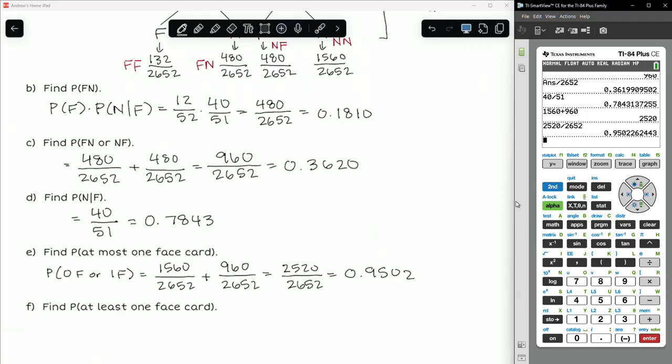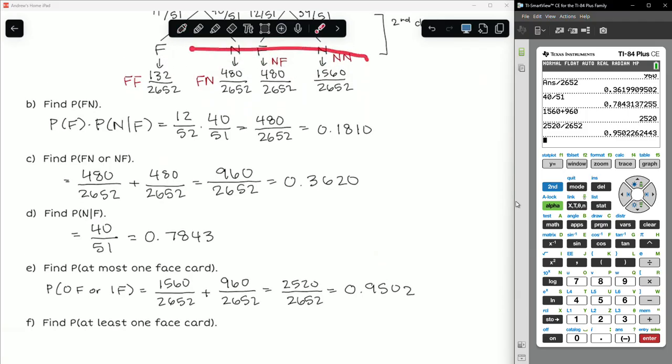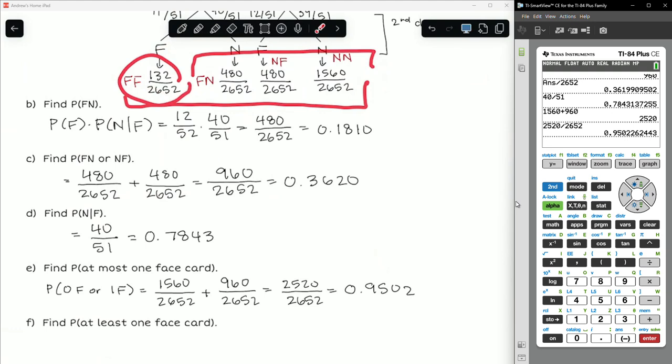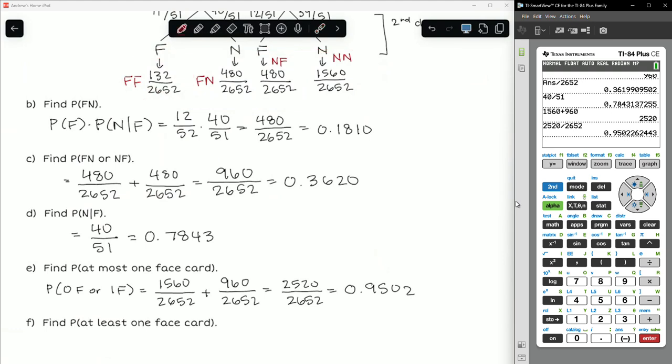There is another way to get that. I'm being lazy. Notice I have 4 outcomes total. I know all 4 of those together add to 1. If I only want this chunk, I can do 1 minus the piece that I don't want. So another way to get this, I could do 1 minus 132 over 2652, words are hard. And if I do that on my calculator, I should get the same answer.